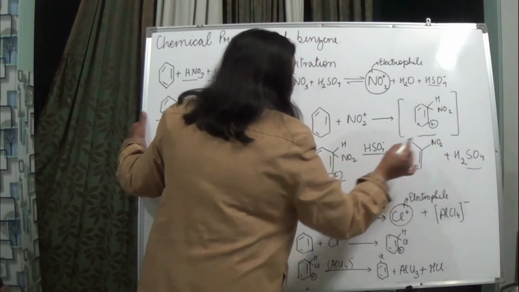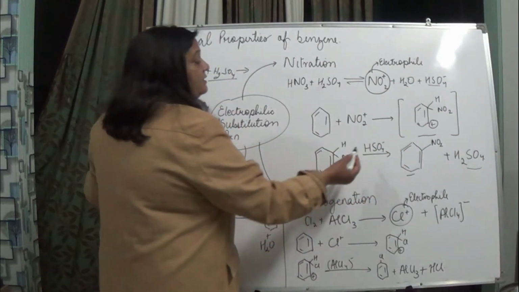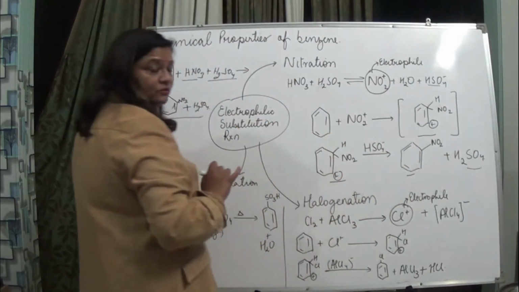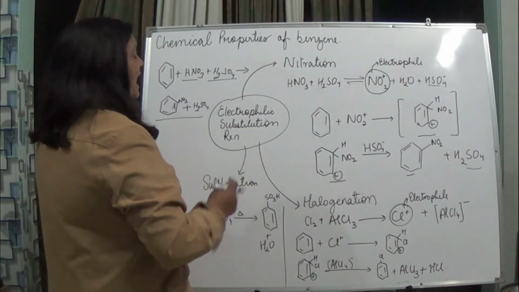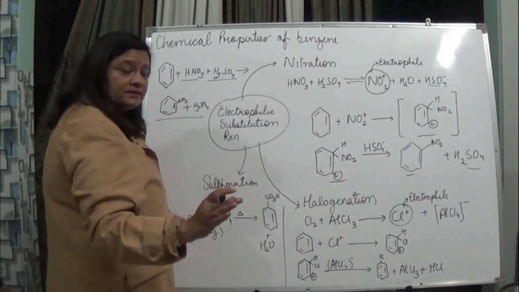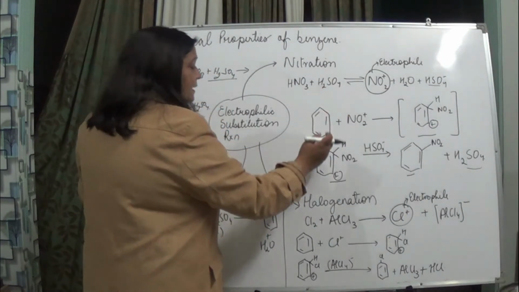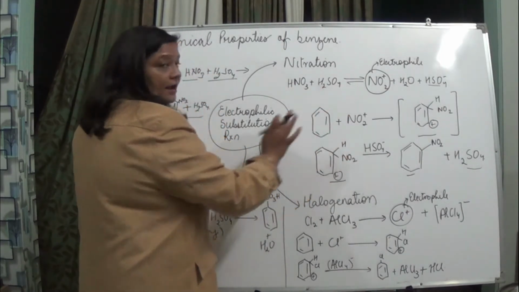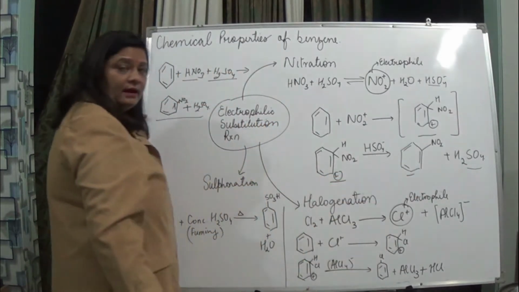H2SO4, because this H has been released from here and combines to form H2SO4. This is how the nitration reaction goes on, and it is an electrophilic substitution reaction. Why? The electrophile has substituted this hydrogen, forming a compound known as nitrobenzene.